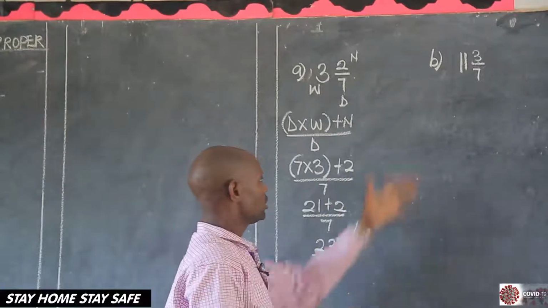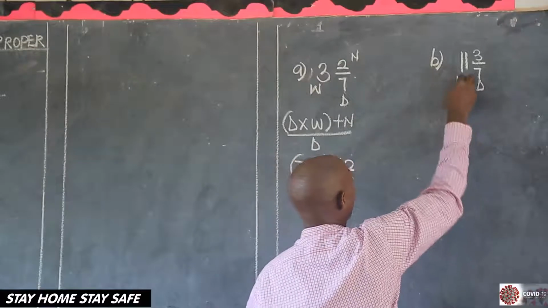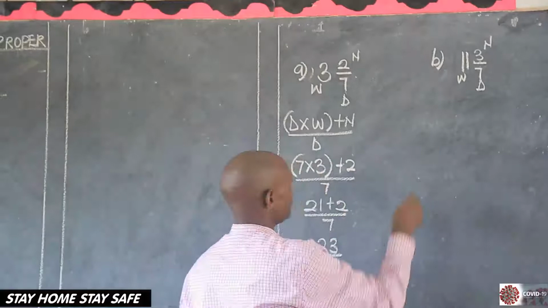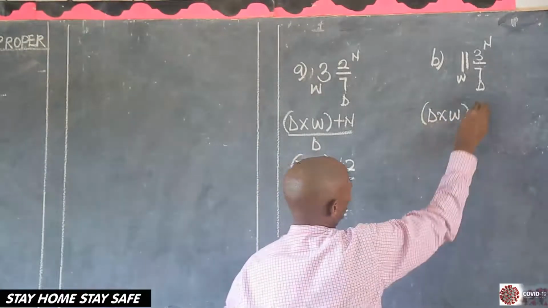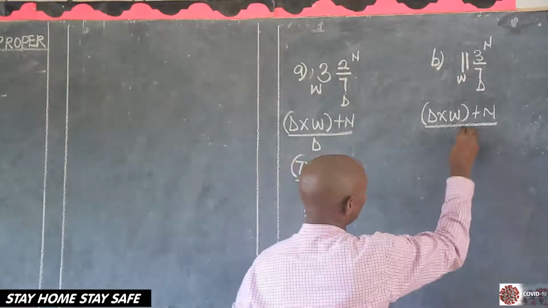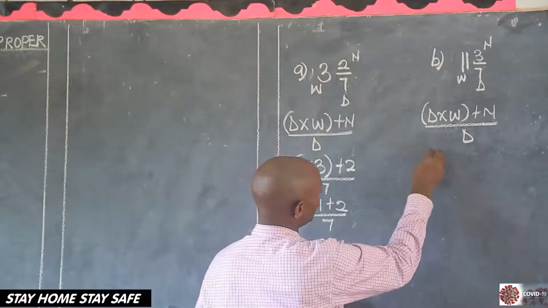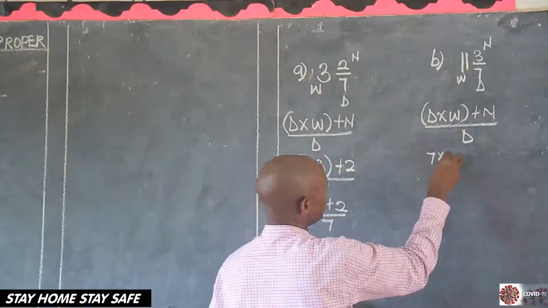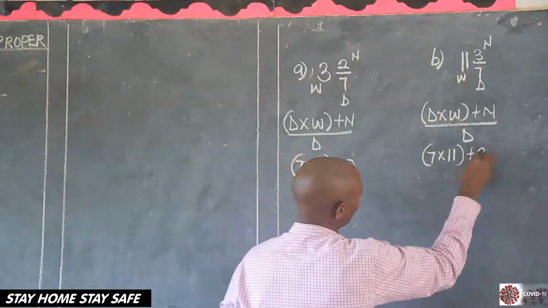Let's also do this one. This one is our denominator, our whole number, then our numerator. And the formula remains denominator times whole number in brackets plus numerator. Everything is out of the denominator. Substituting, the denominator is 7. We multiply it by the whole number, which is 11. Then we add on our numerator, which is 3.